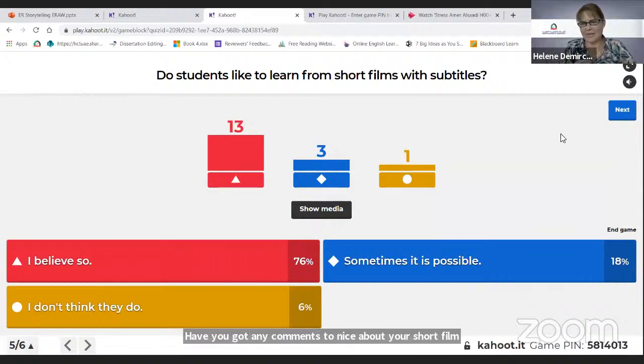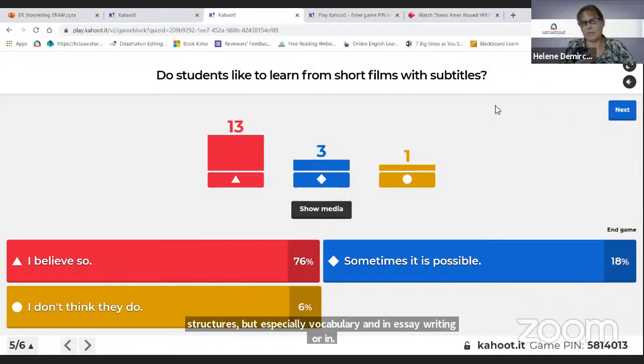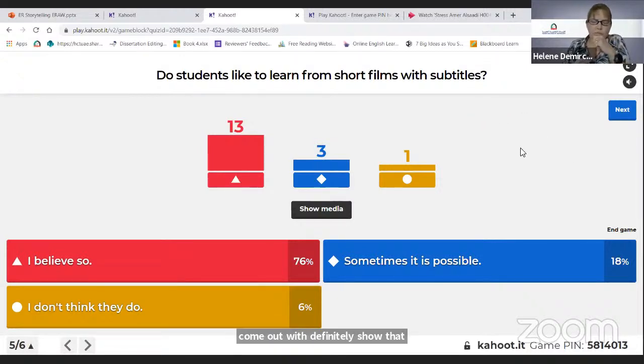Well, I know that many of our students really enjoy watching short films with subtitles because they feel as though that's how they're learning vocabulary and grammar structures, but especially vocabulary. And in essay writing or in conversation, the words they come out with definitely show that they've gained a lot of them from films. If you ask them to talk about spies or murder or detectives, they have a plethora of words which they've obviously gained from film watching.